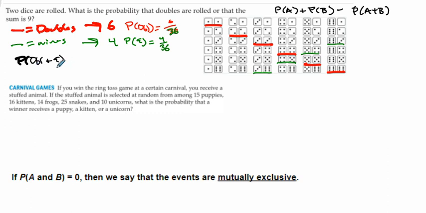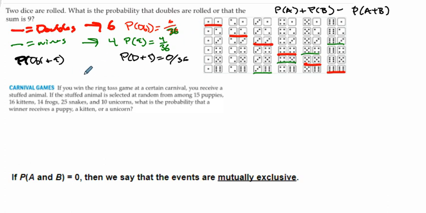So these two will never intersect. And if you look at your picture, you can see that. These are all red and these are green and they never share with each other. So the probability of double and 9 is 0 out of 36. So that kind of makes this a little easier.